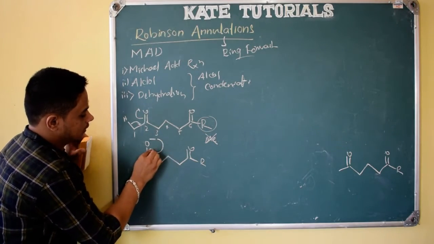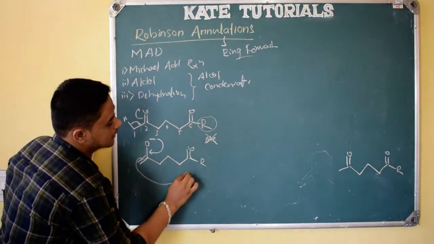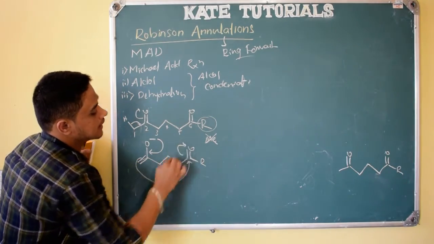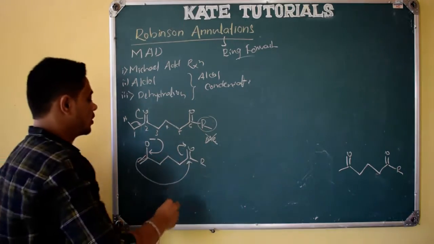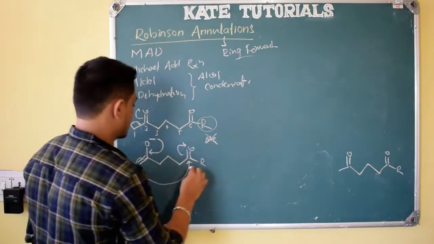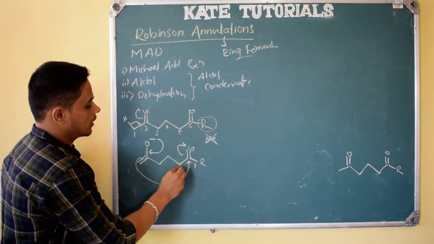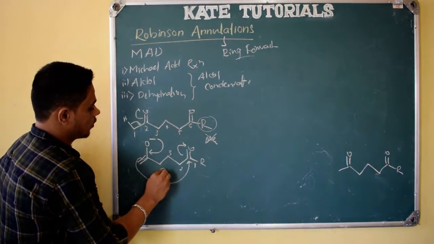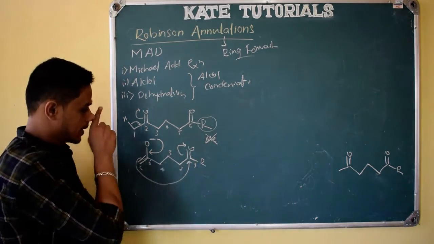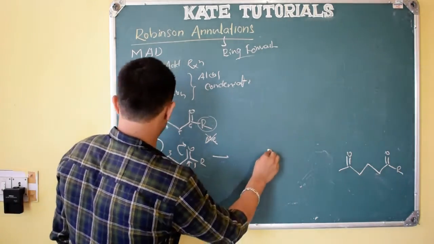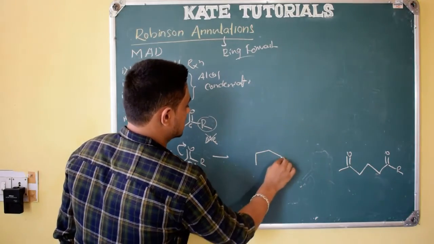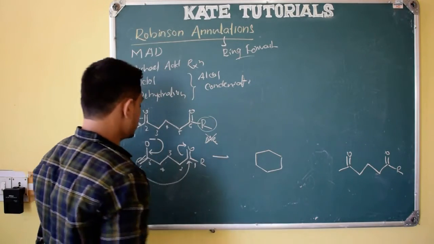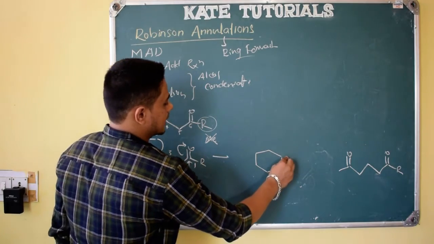And then what happens? This electron density comes back and this will attack this. This is nothing but aldol reaction. So what happens? See here. How many membered ring? 1, 2, 3, 4, 5 and 6 membered ring. So let me write the 6 membered ring like this, and let me take this as 1.